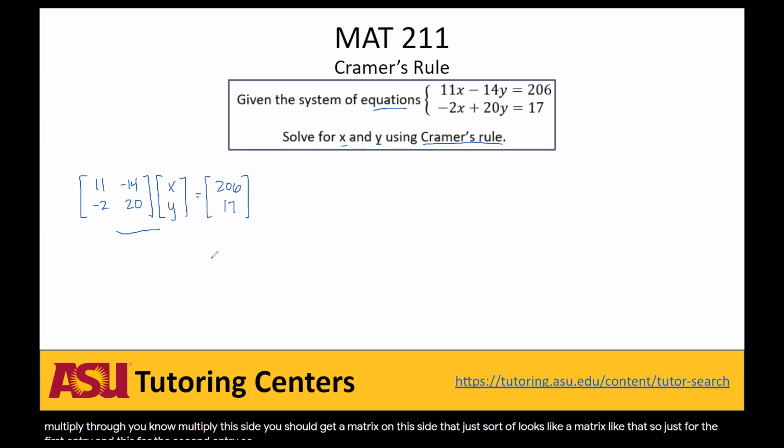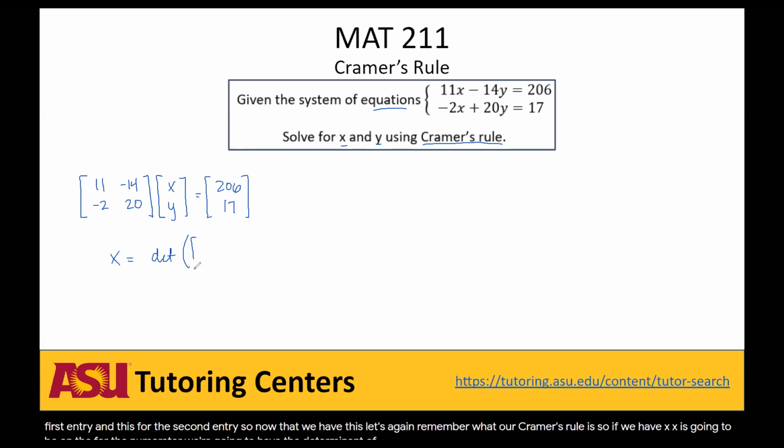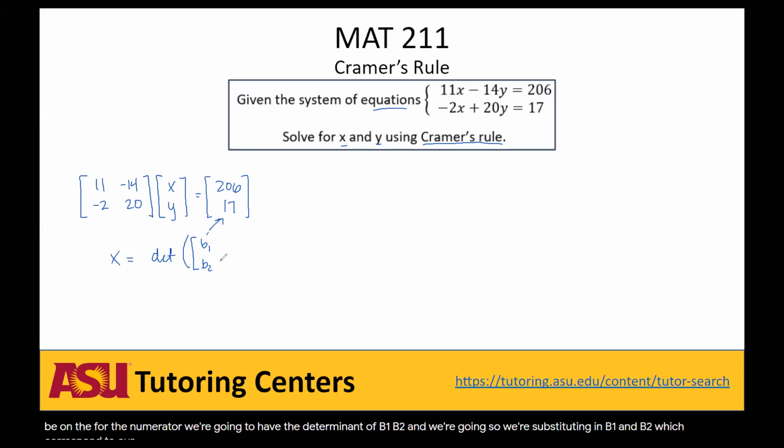Now that we have this, let's remember what Cramer's rule is. For x, the numerator is going to be the determinant of the matrix where we substitute in b1 and b2, which correspond to our solutions matrix, into our coefficients matrix.